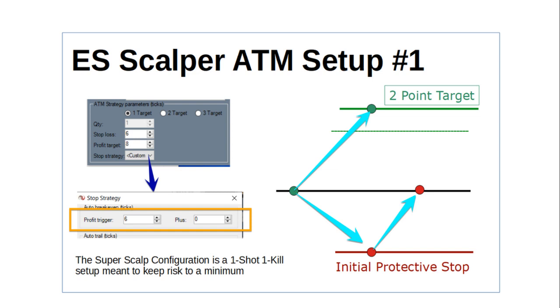So, for instance, with this one here, you'll notice if you look over to the left on your ATM parameters, the stop loss is 6 ticks, so 1.5, right? Your stop loss can be anywhere from 6 ticks to 2 points.